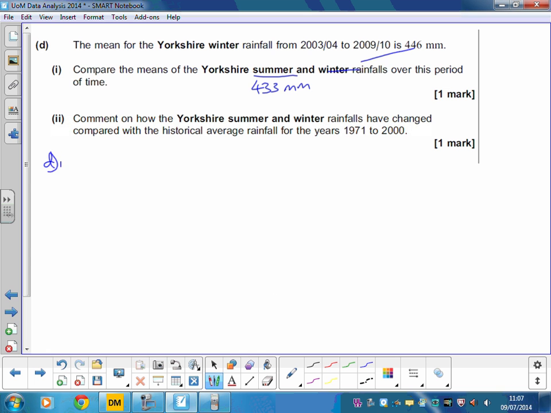Now, there's not a lot of difference between 446 and 433 as a percentage. So it's very little difference between these two numbers. So the summer and winter means, you must make sure you state we're comparing the means, are similar.